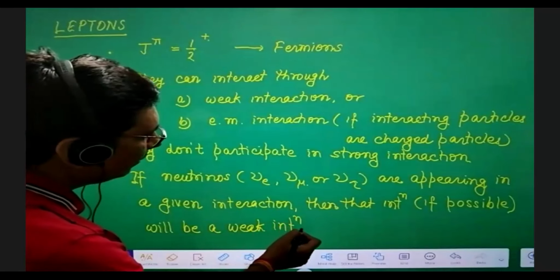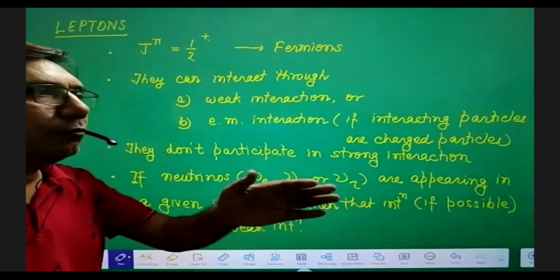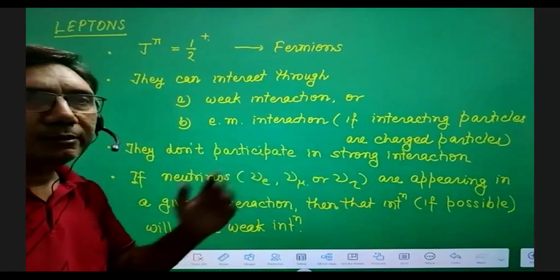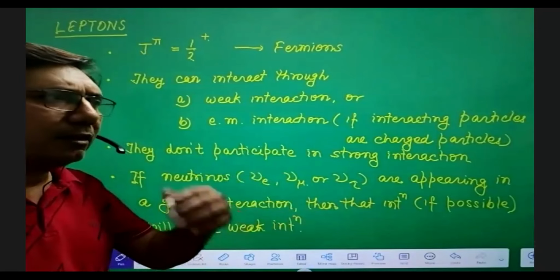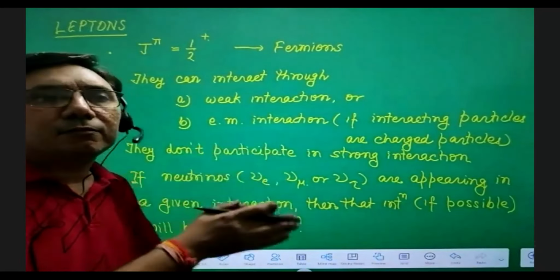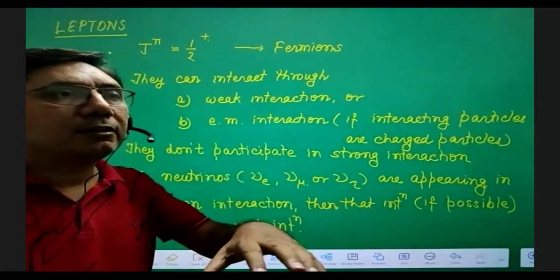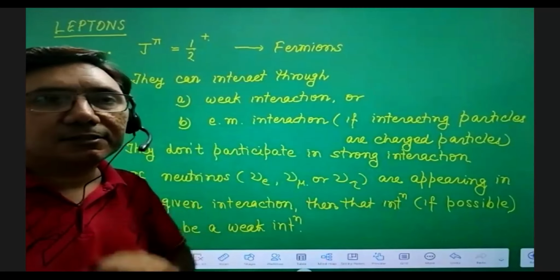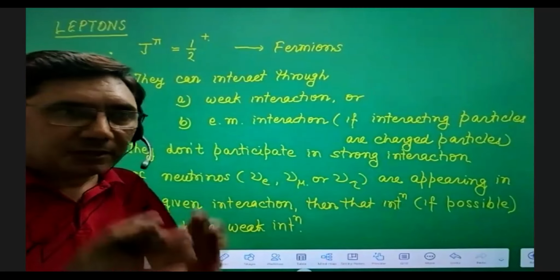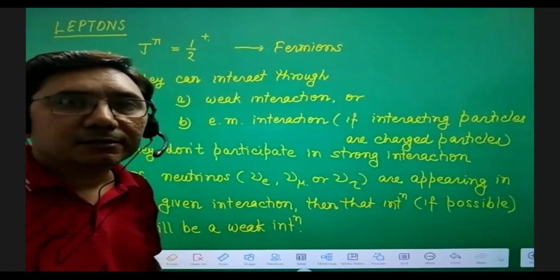क्यों होगा? I will explain on the basis of parity. Reason is parity. For neutrino, if you look at the mirror image of the neutrino, that doesn't exist in nature. जो mirror image होता है neutrino का, that doesn't exist in the nature.